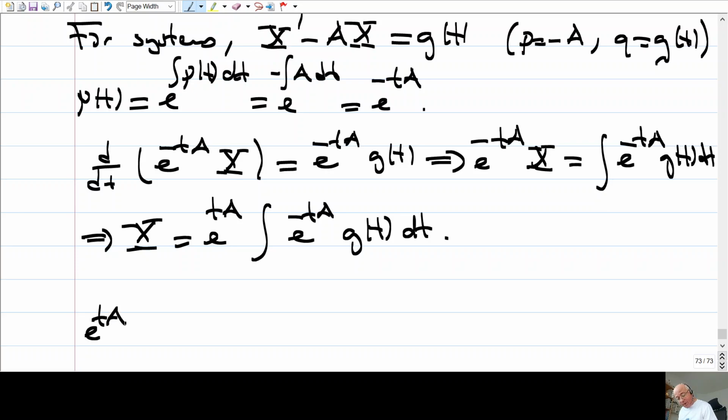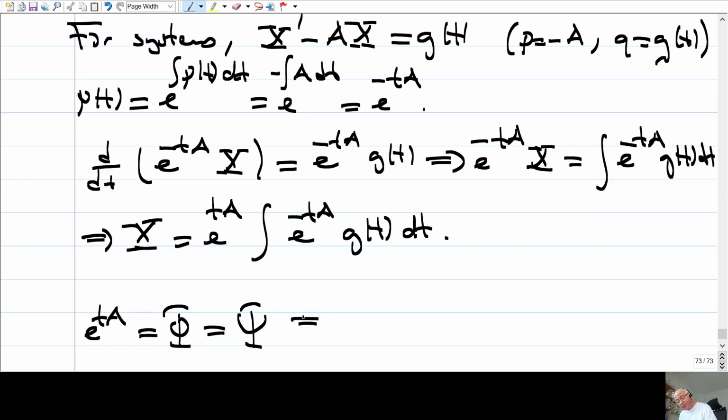Well, you see that I have e to the power tA. E to the power tA is the fundamental matrix, but it's also a fundamental matrix.